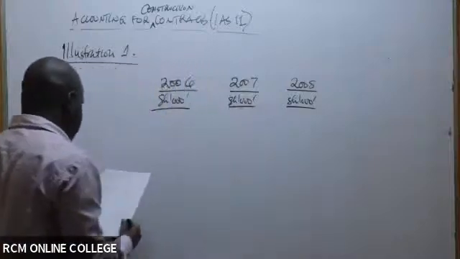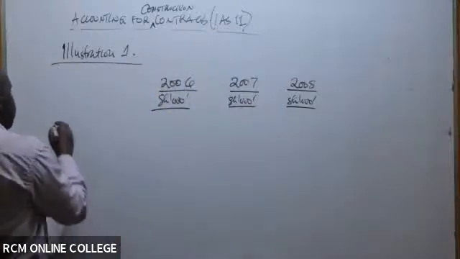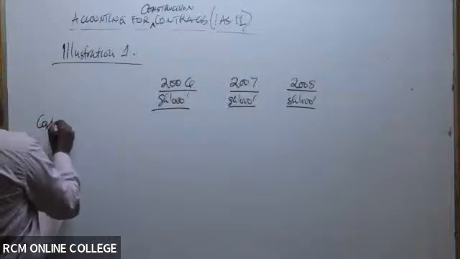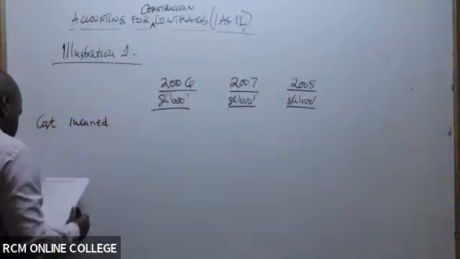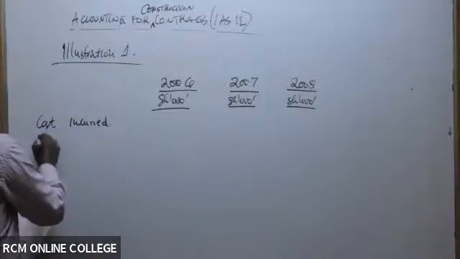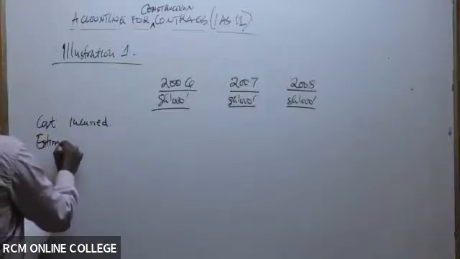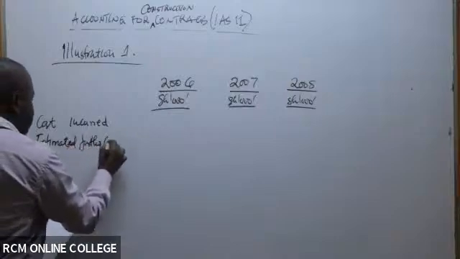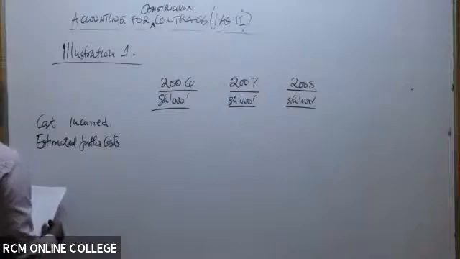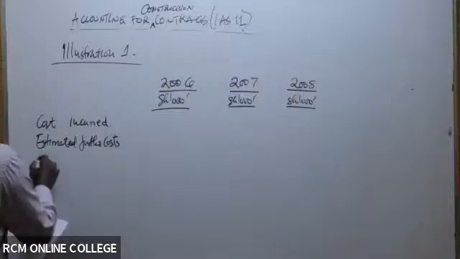On this table, you can start with the cost incurred. Then we have estimated further costs. We have billing to clients.